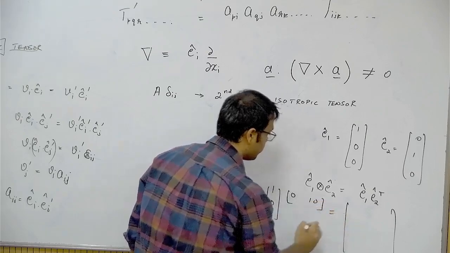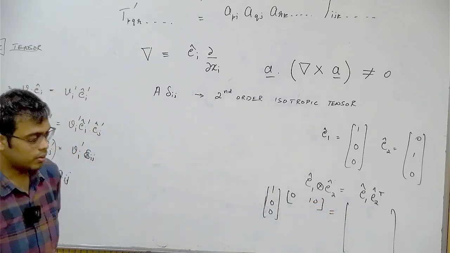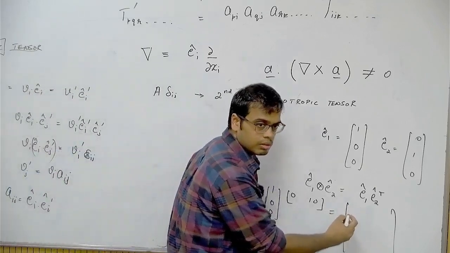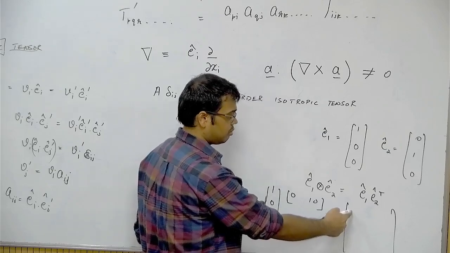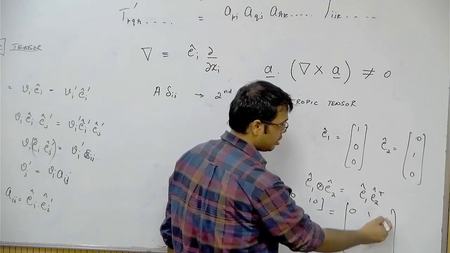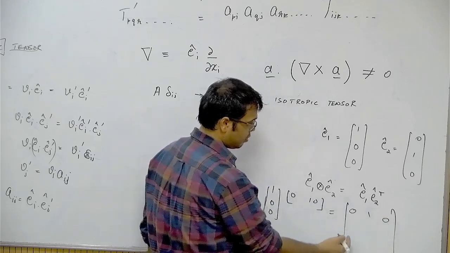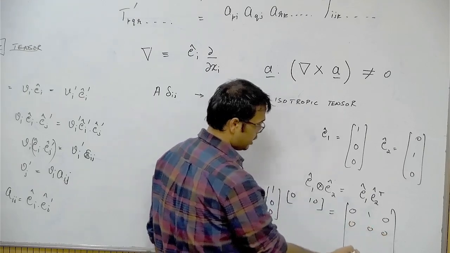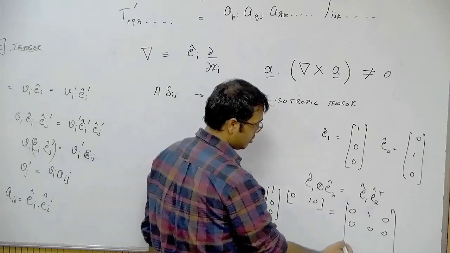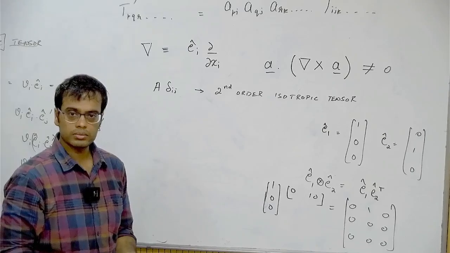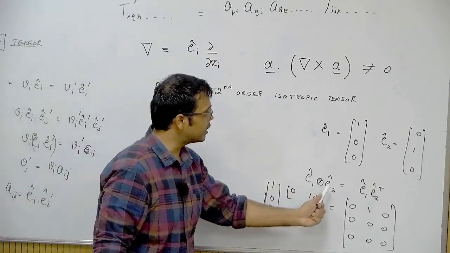What is the first entry going to be? All zeros, and then the single one. Okay. So this is what e1 tensor e2 means.